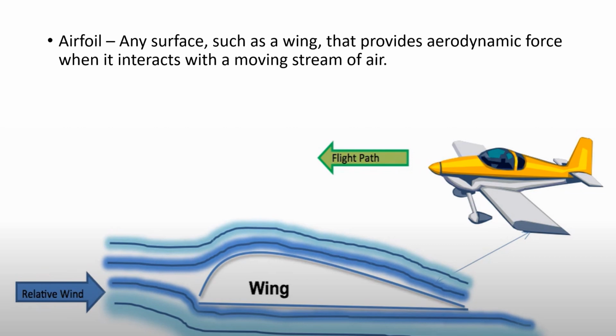When given a flight path and an opposite relative wind, it's important to remember that the airflow over the surface of the wing will have a higher velocity than the airflow under the wing. It is also important that the circulation of the airstream above is an important factor in the generation of lift.